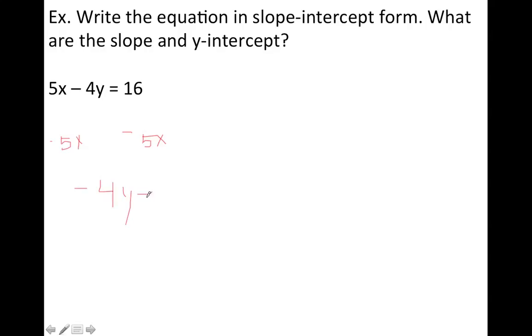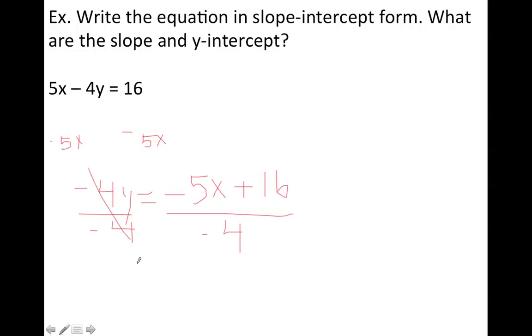equals, and I'm going to write my x term first because remember our slope goes first so we don't get all of our points mixed up. So we have negative 5x plus 16. And then our next step is to get y by itself. It's being multiplied by negative 4. So we need to divide both sides and the entire side by negative 4.